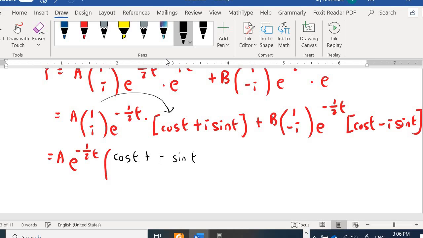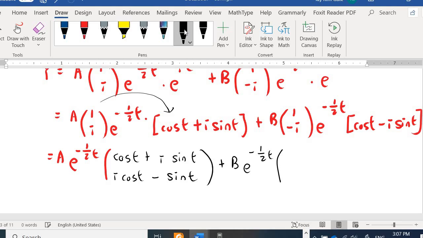Then I multiply with this row, so you have i cos t, and i times i is i squared, which is negative 1, so you have negative sin t.